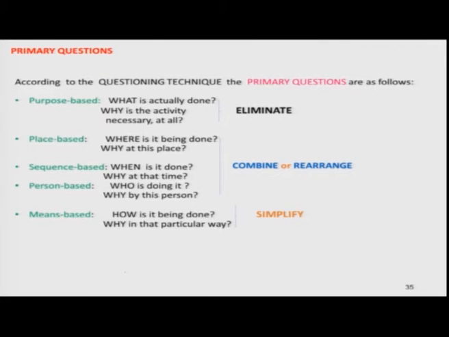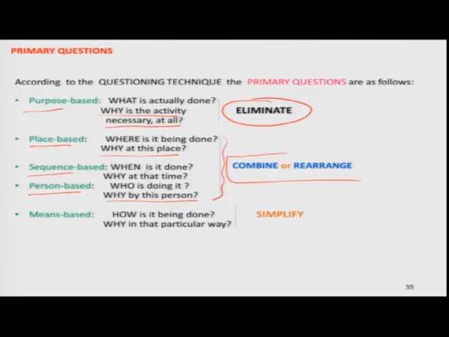According to the questioning technique, the primary questions are as follows. Purpose based: what is actually done, why is the activity necessary at all? If you find that this activity is not necessary, then you just eliminate it. Place based: where is it being done, why at this place? Okay. Sequence based: when is it done, why at that time? Person based: who is doing it and why by this person? You can combine or rearrange these parameters so that your chart will improve.